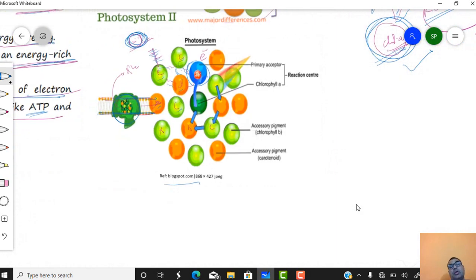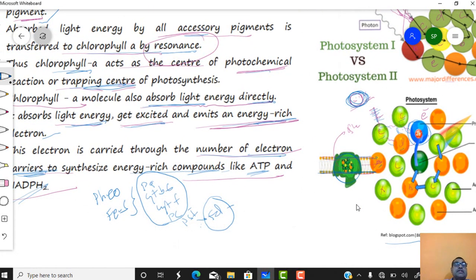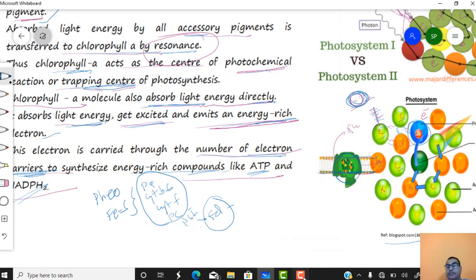So this is about the role of pigment molecules in photosynthesis. We will see this in detail again in the ETS, or photosystem 1 and photosystem 2. Till then, goodbye.